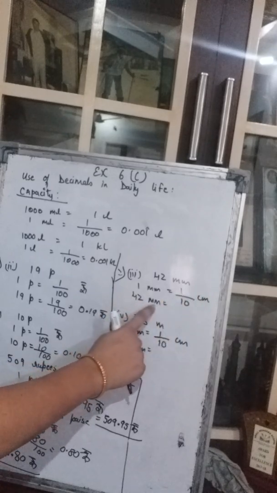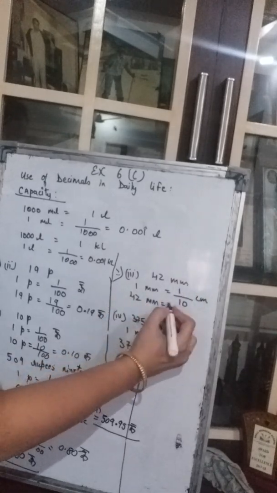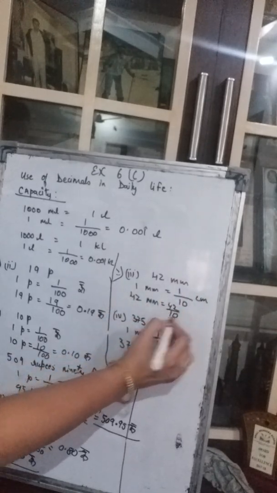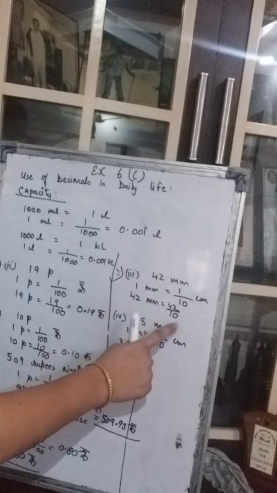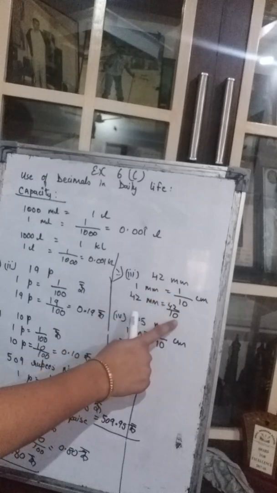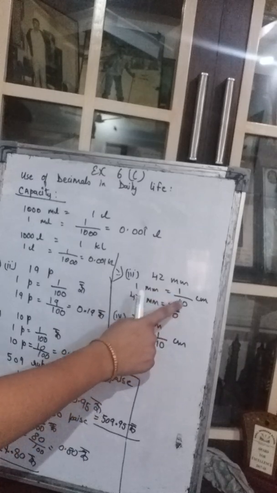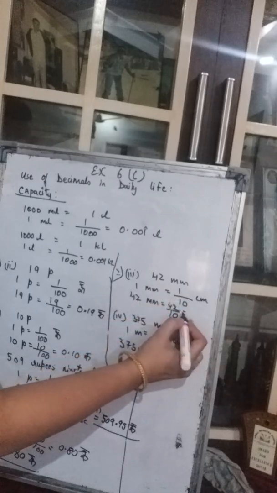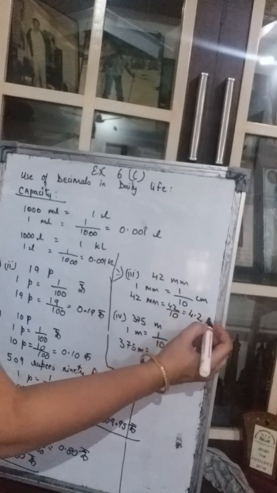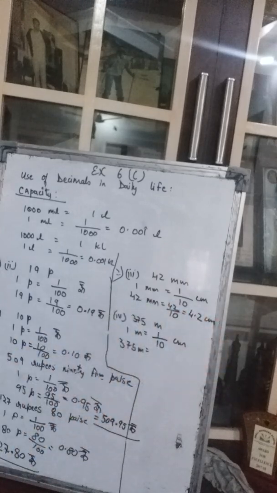So 42 millimeter will be equal to 42 upon 10. How many zeros? 1 zero. How many digits? 2 digits. But decimal will come, since there is only 1 zero. So decimal will come before the 1 digit. So before 2 it will come. So it will be 4.2 centimeter.